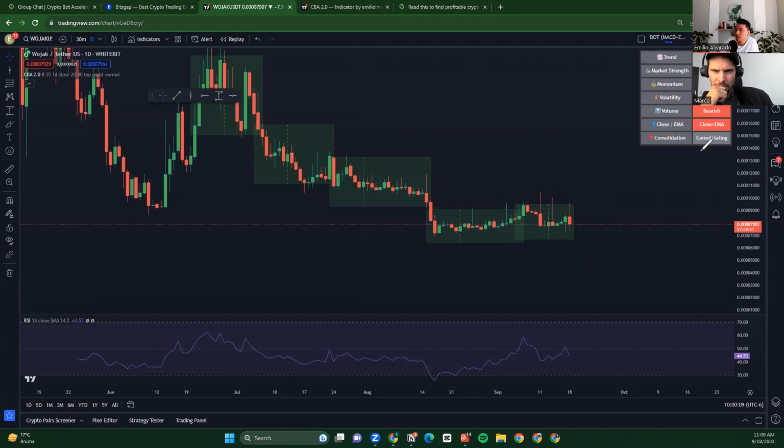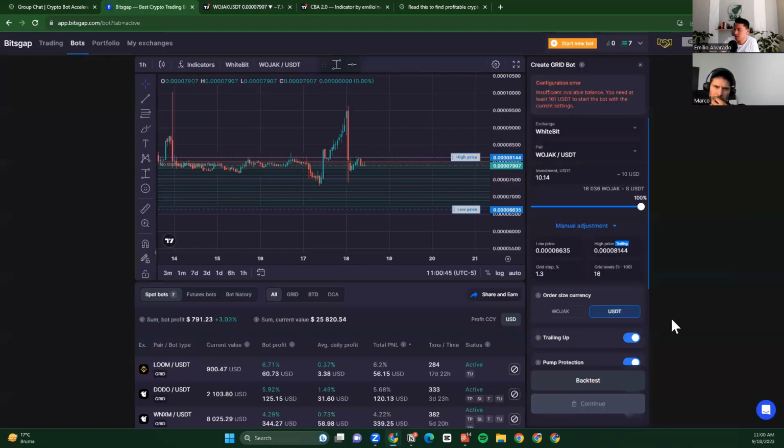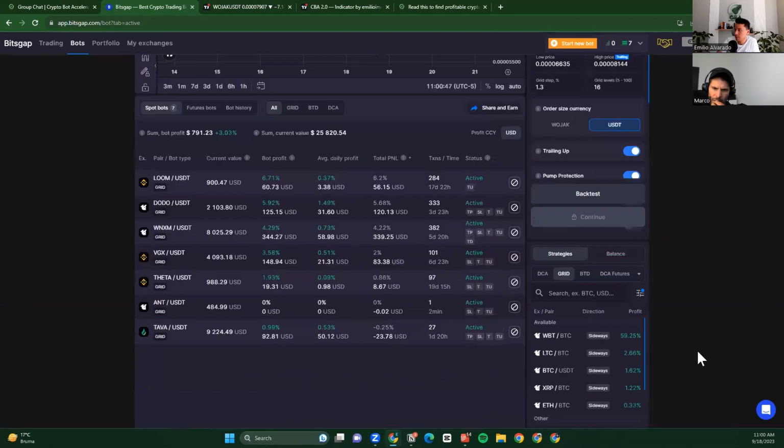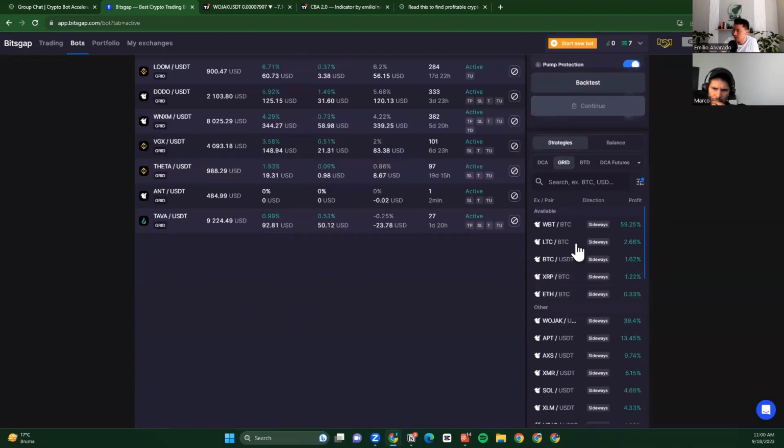And this indicator is very accurate because it's really calculating the whole momentum, volume, and market strength. It's real data. It's not an indicator saying the market is going to go up to this point or anything like that. It's not trying to predict. It's showing you real data of what's going on with this cryptocurrency right now. We might not want to enter this one, even though it performed well in the last 30 days, right?